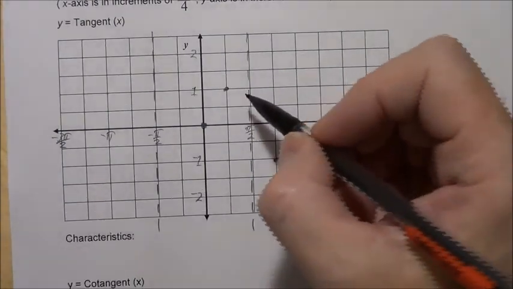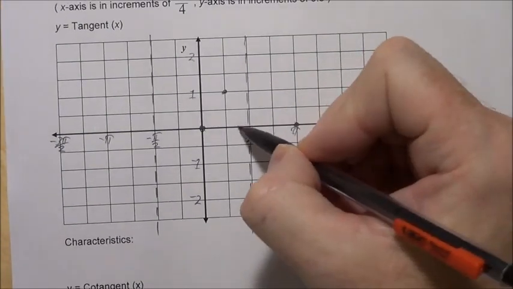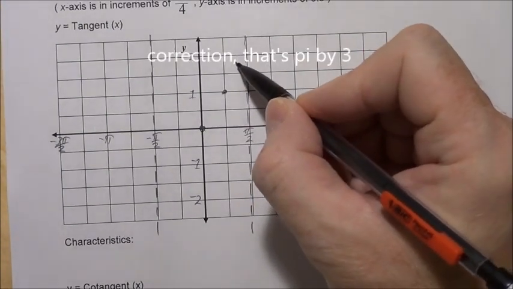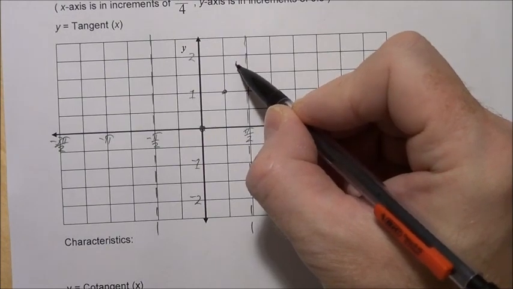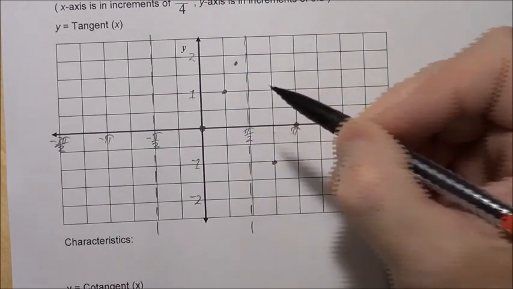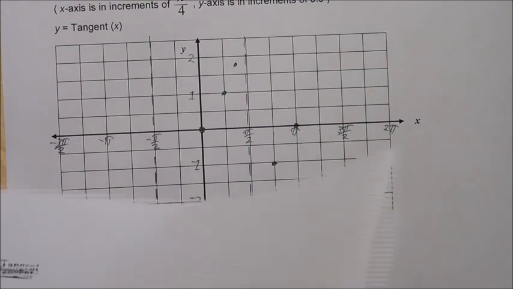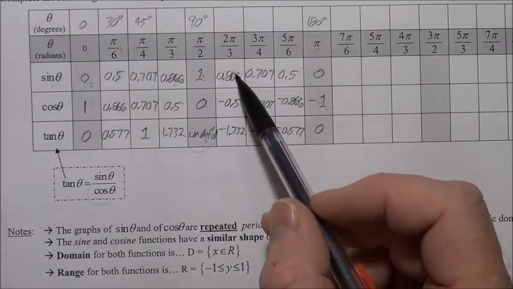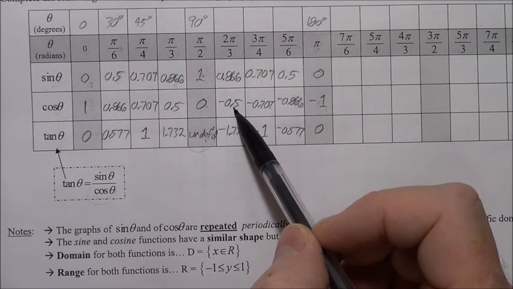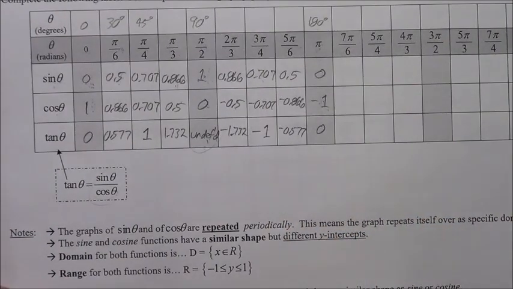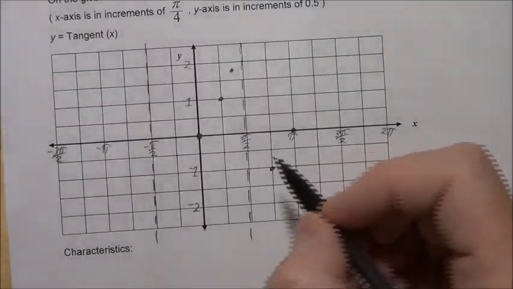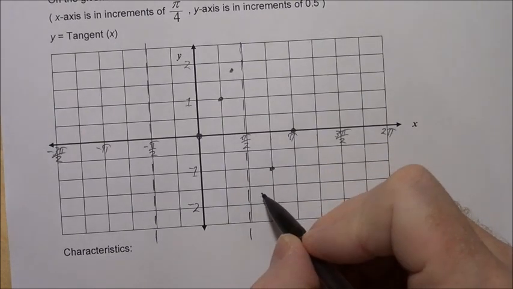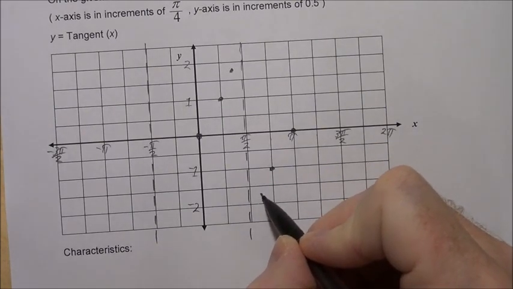So 1.732 at 3 pi by 4 is going to be around here-ish. And then when we do the -1 here, 0.866 divided by -0.5, it's going to be the same value but negative. It's going to be -1.732, so it's going to be down here approximately.